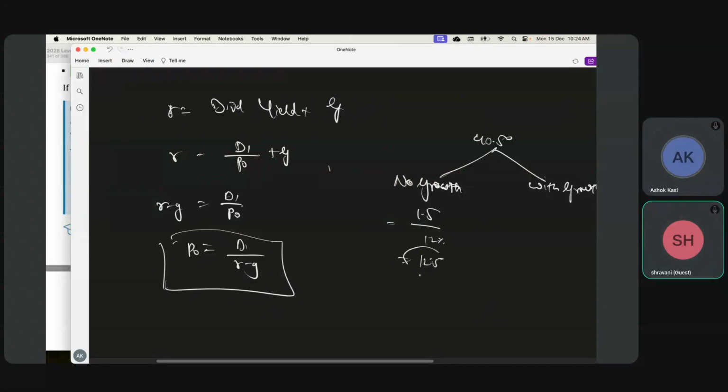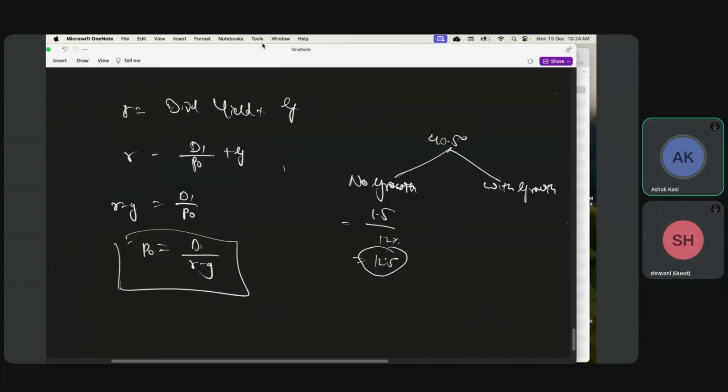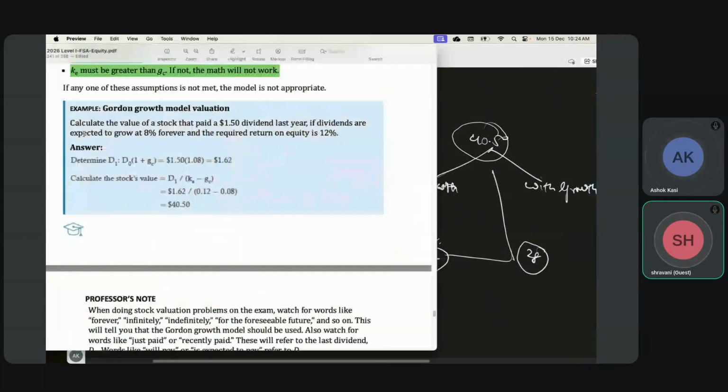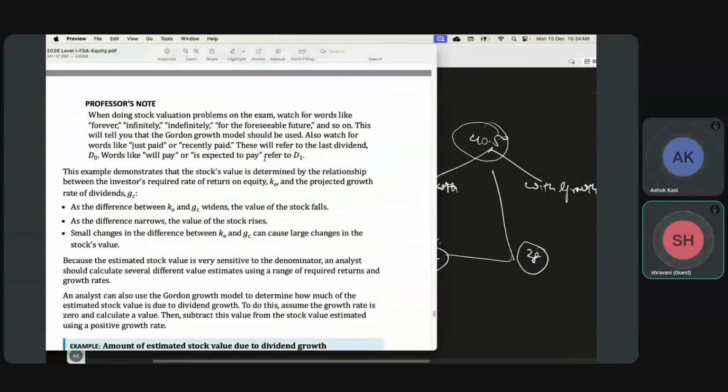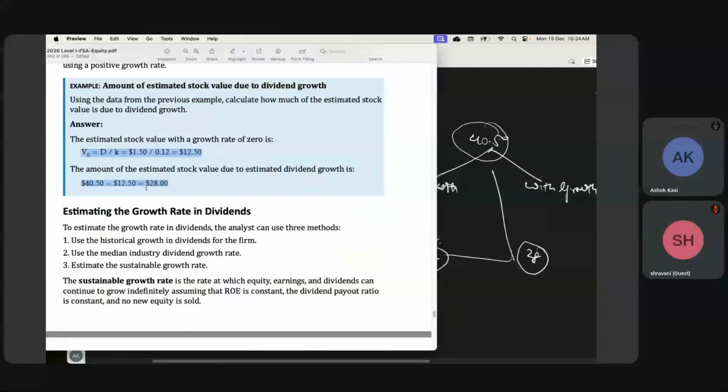So it should be 12.5 with no growth, but now it is 40.5. So the difference is because of growth. I think 28 rupees, right? Yeah, 28 is because of growth.